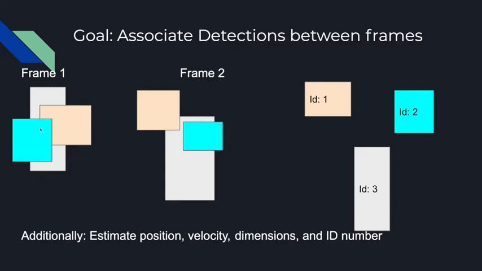These boxes might move around, they might get occluded by other objects, and they might even change shape a little bit depending on our detection algorithm. In the end, we want to estimate the position at any time, the velocity, the dimensions, and also we want to assign an ID number to every individual object.